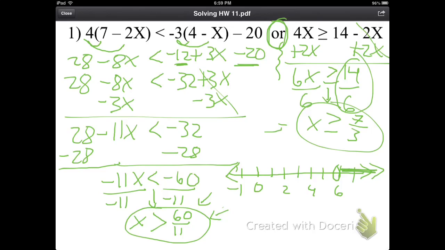Now I'm going to graph the right inequality that I have here. I need to put a circle at 7/3. Well, if it was 6/3, then it would be right at 2, but it's not.